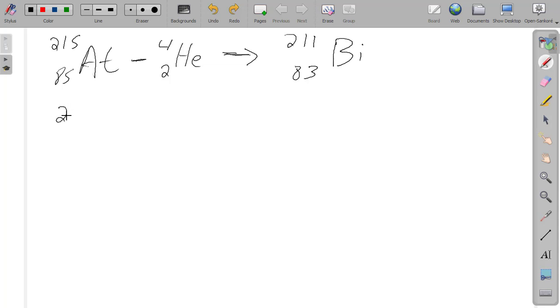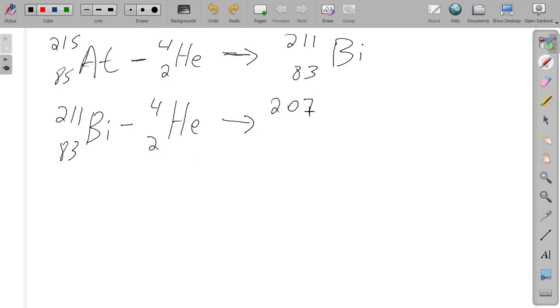So now again, 211, bismuth, 83. Let's do the second alpha decay. And we end up with 211 minus 4, which is going to be 207, and 83 minus 2, which is going to be 81. So now we need to know what element is 81.